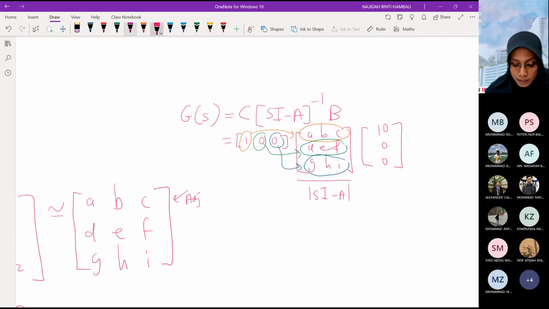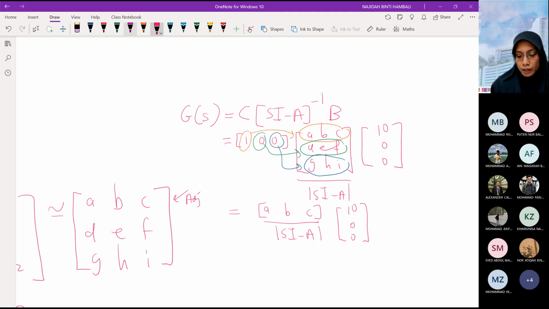So in this case, kita punya calculation akan jadi A, B, C divided by the determinant of sI minus A, multiplied with the matrix B, the tall matrix 10 0 0. See?